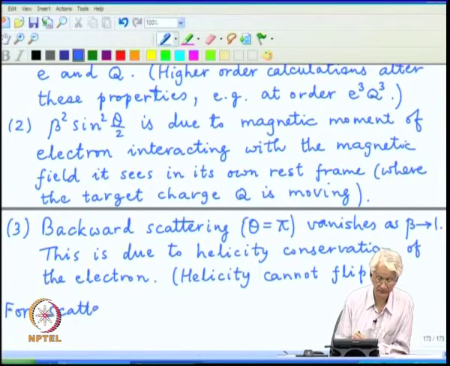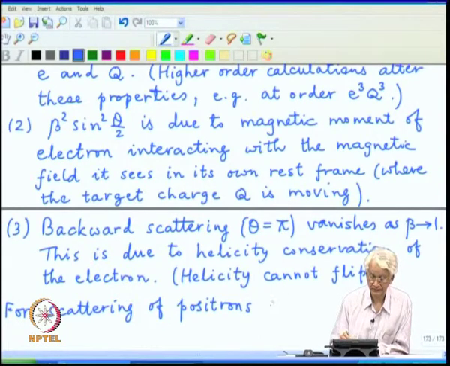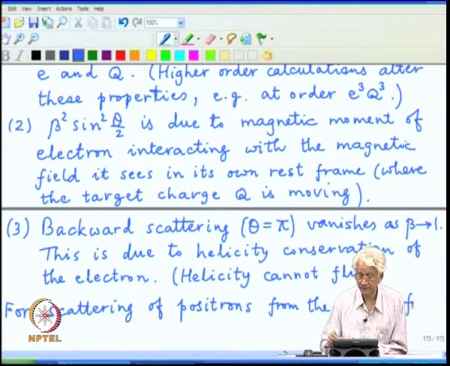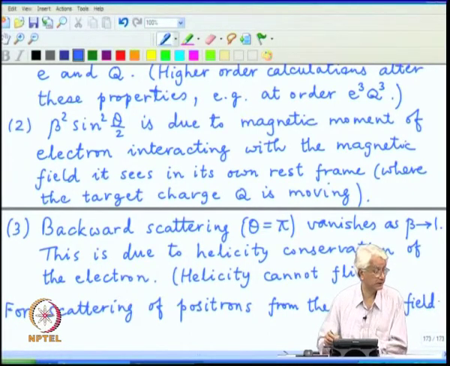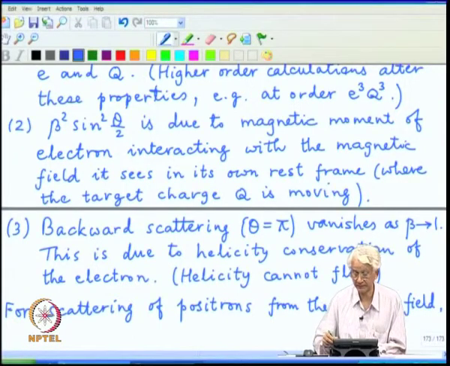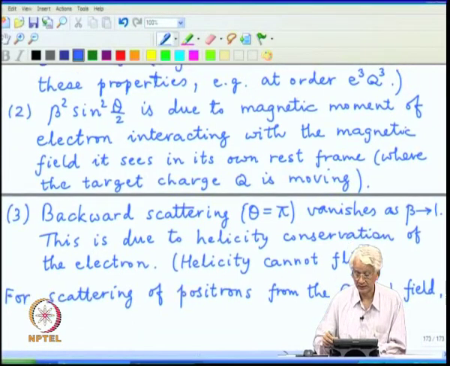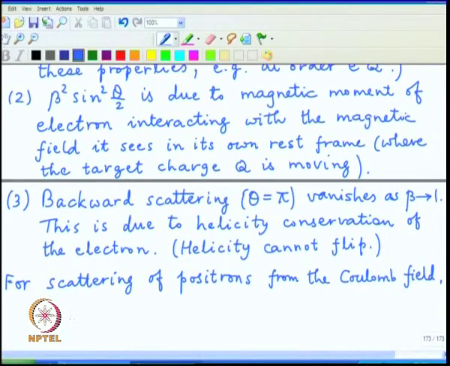For scattering of, say, positrons from the Coulomb field, we have the same structure for all the kinematic properties, but the amplitude looks a little different because the wave functions are a little different.